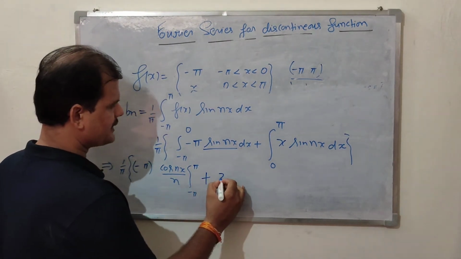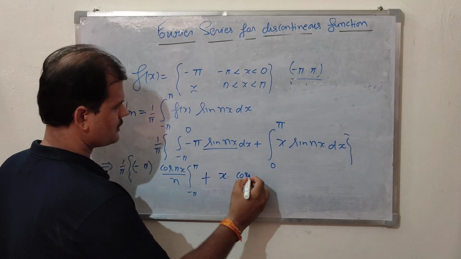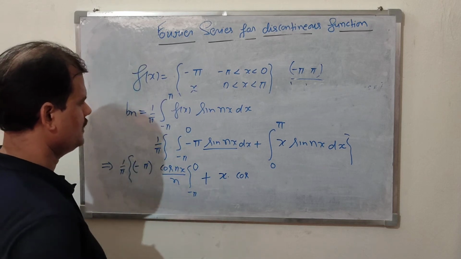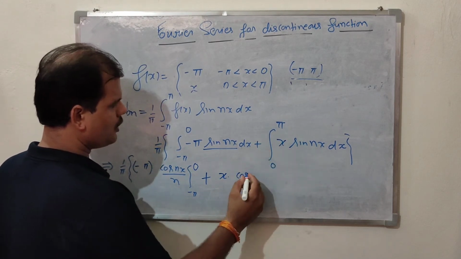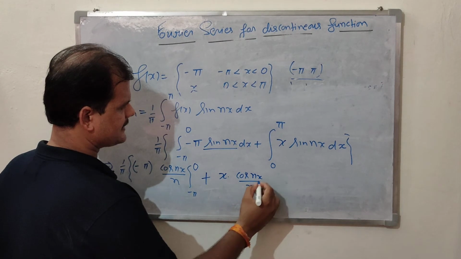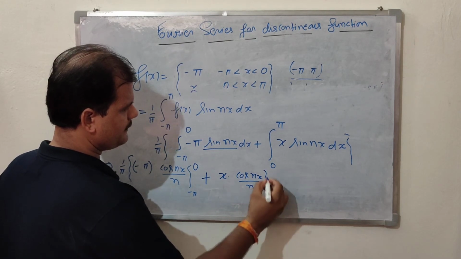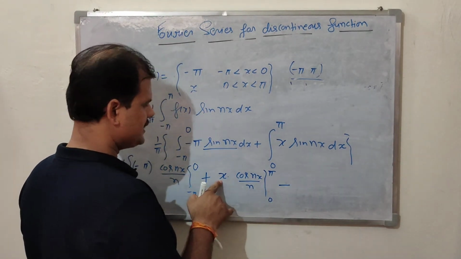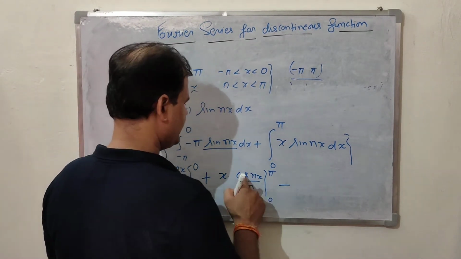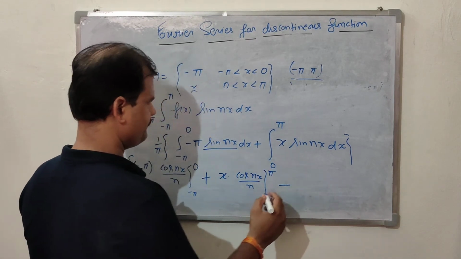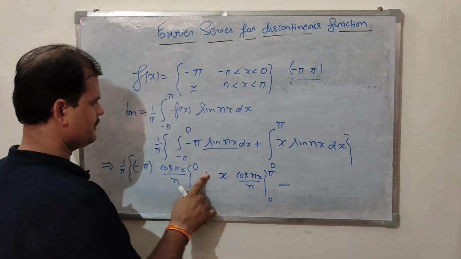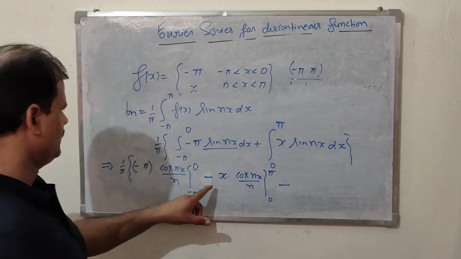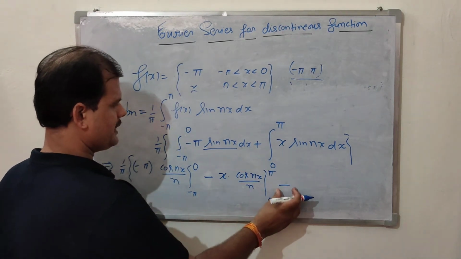So first term x into cos, so here the limit is minus pi to 0, right? Minus pi to 0. Now for this one, x cos nx by n, integral 0 to pi. Fine. And the second term will be the differentiation of x, that is 1, and the integration of this. So here we get minus, because we have sine, so the integration of sine will be minus cos x, and here minus by formula.